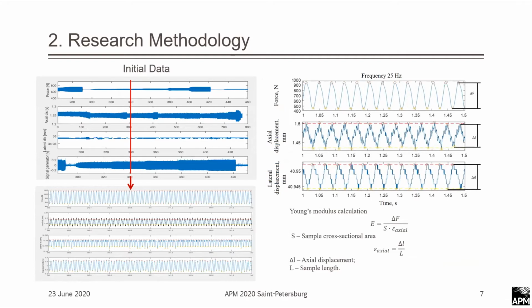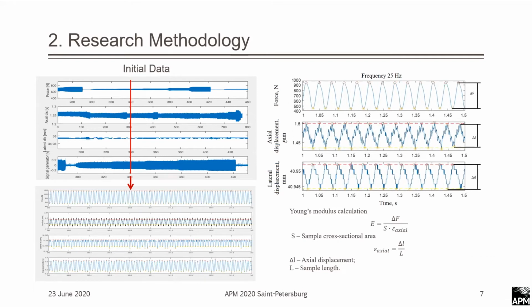This is a method of data processing. First of all, we take time, which we have some frequency, that we have some force amplitude, and after that we got this short period of time in 2 seconds. And in these 2 seconds, we got average delta F, change of force from minimum to maximum, peak to peak.